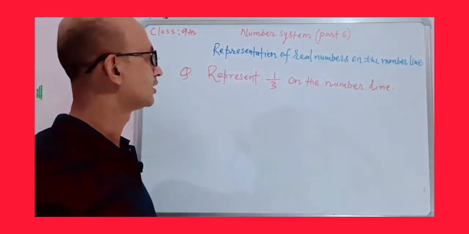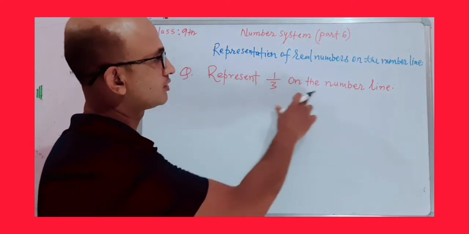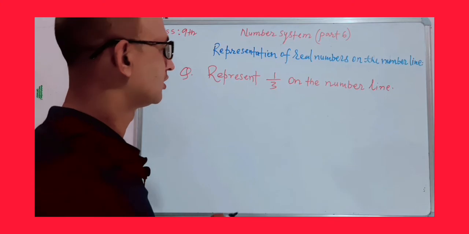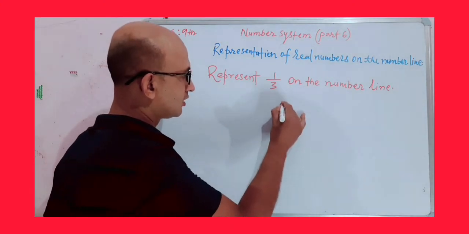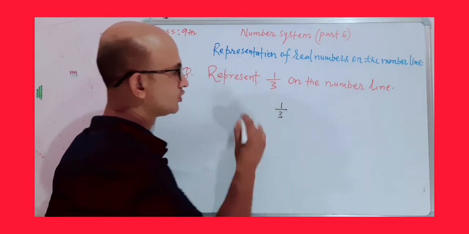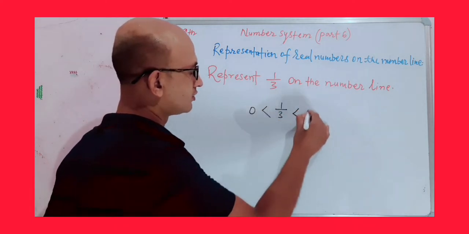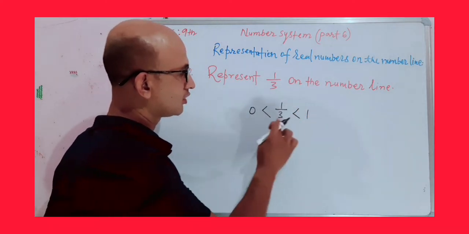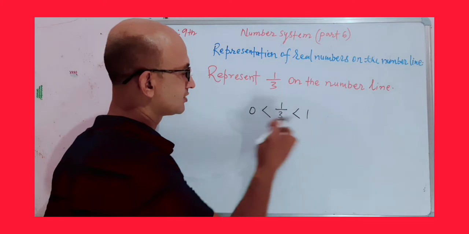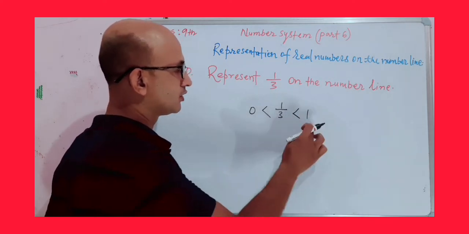Dear students, here is a question that asks to represent 1 by 3 on the number line. As we know, 1 by 3 lies between two integers 0 and 1. 1 by 3 is greater than 0 but smaller than 1. So we can say that 1 by 3 lies between 0 and 1.